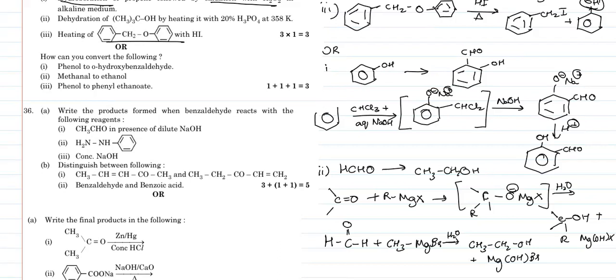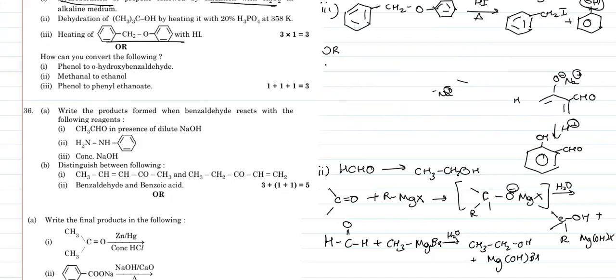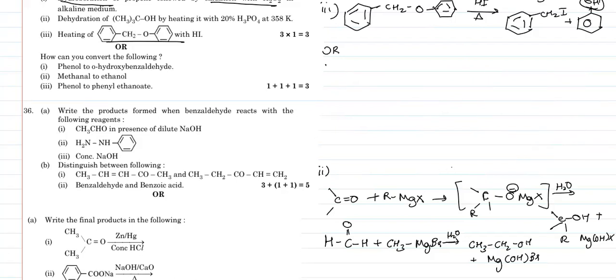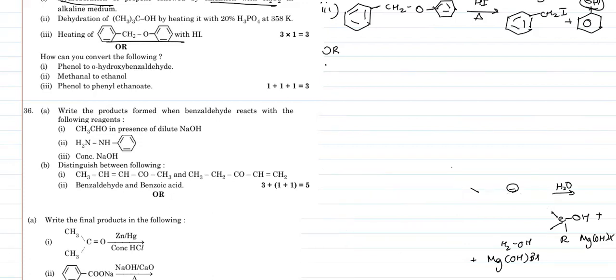The last one is the conversion of phenol to phenyl ethyl ether. Now, this is obviously an ether which has a phenyl group on one side and an ethyl group on the other side of the oxygen. So if you know at this point, I'm pretty sure you figured out the method.